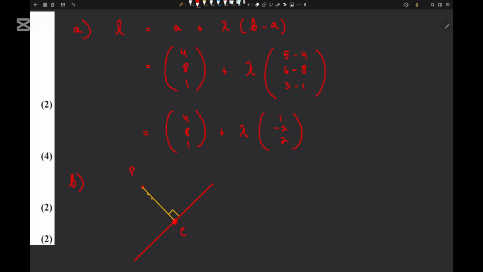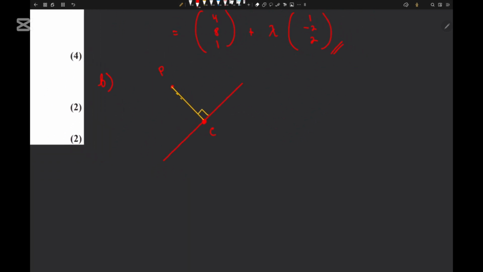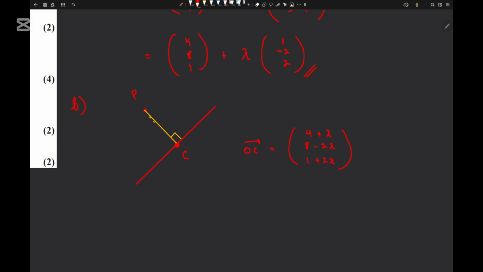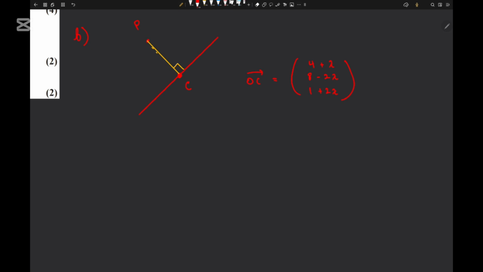Since the point C lies on the line L, we can say that the OC vector is equal to (4 plus lambda, 8 minus 2 lambda, 1 plus 2 lambda). We do not know the value of lambda yet. This is basically the equation of line L. Now since the line L and the PC vector are perpendicular, let's first find out the PC vector.